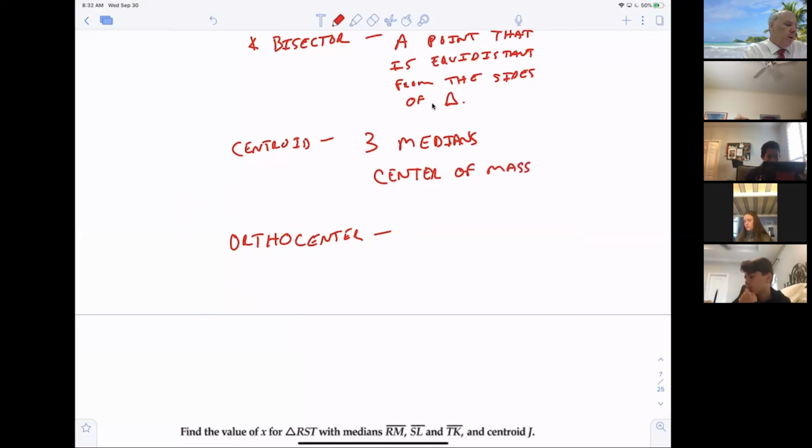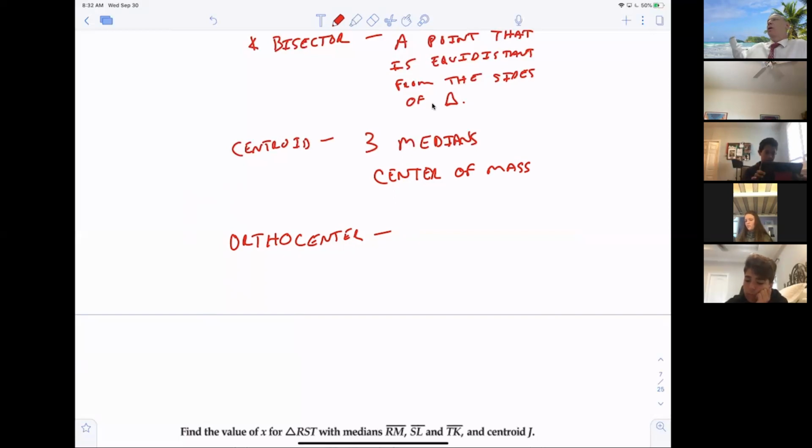And then the centroid does what to the median? Cuts it into what? 2/3, right. So from the centroid to the side, I want you to know what? Yeah, that's the way the book described it, but I don't like that.